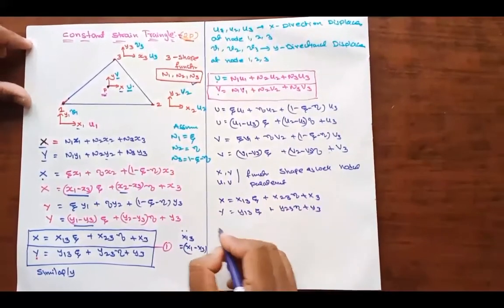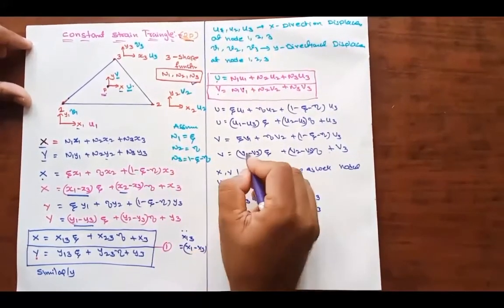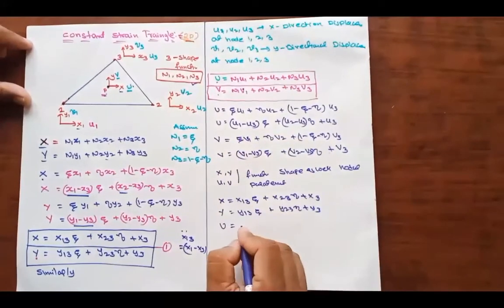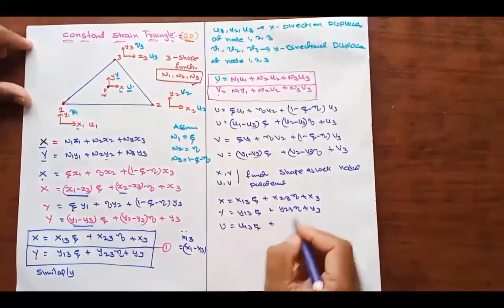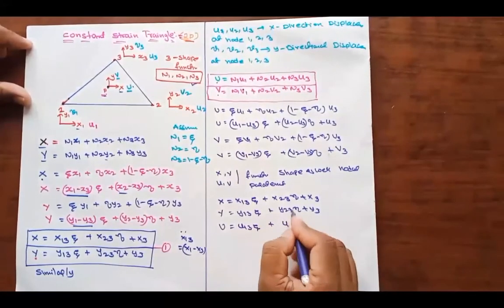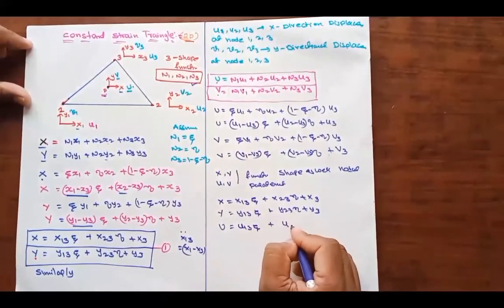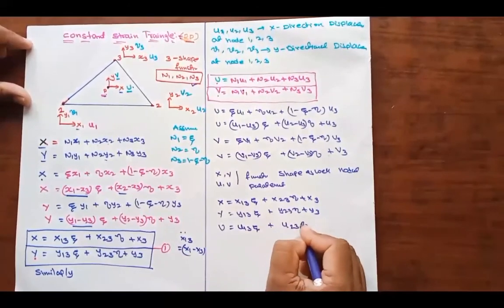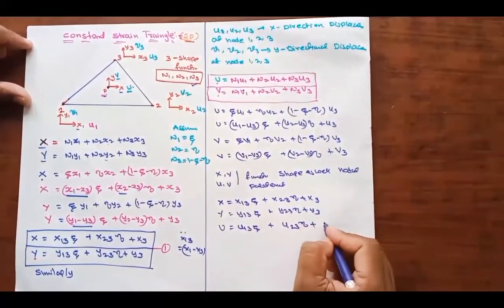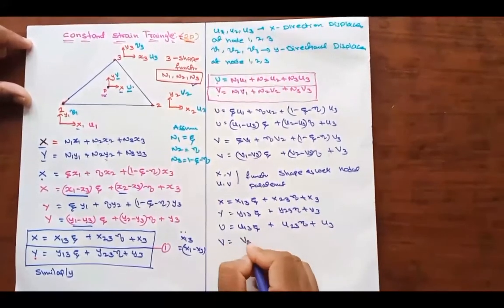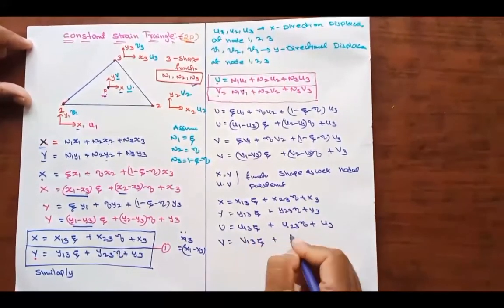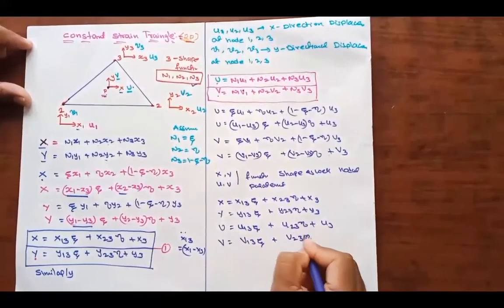Similarly, the capital U can be written as u13 into zeta, plus u23 into eta, plus, and the last term is u3. Similarly, v can be written as v13 into zeta plus v23 into eta plus v3.